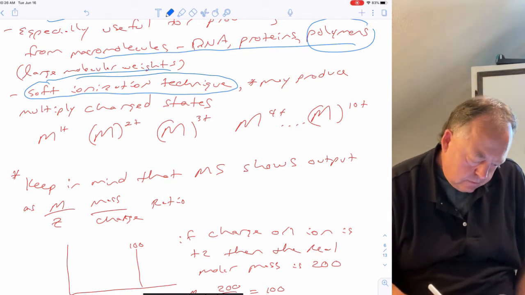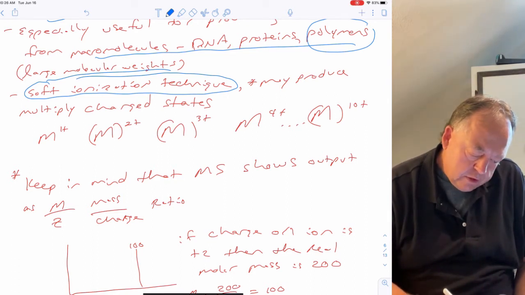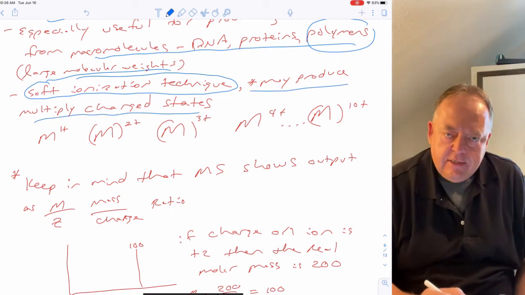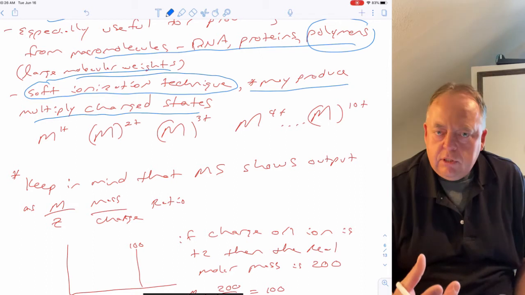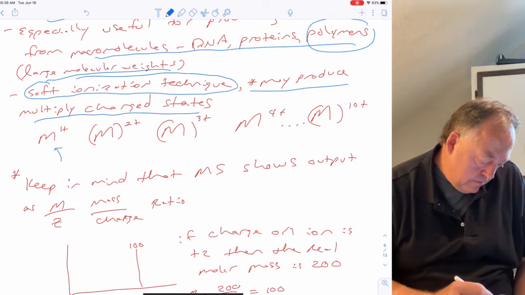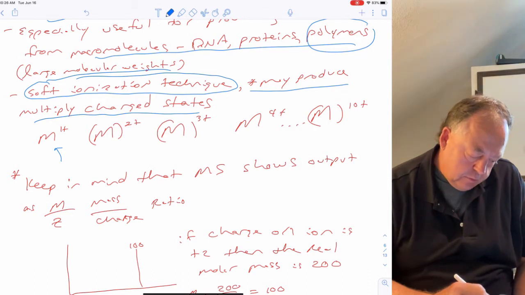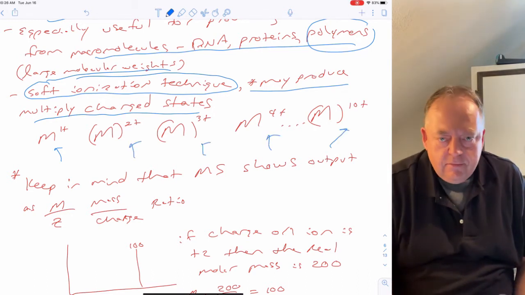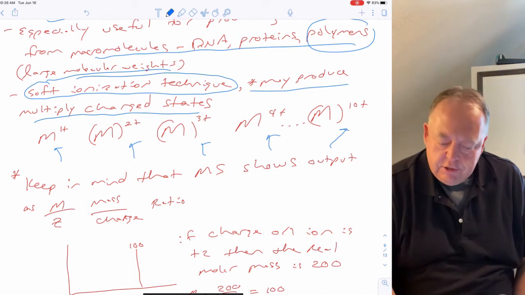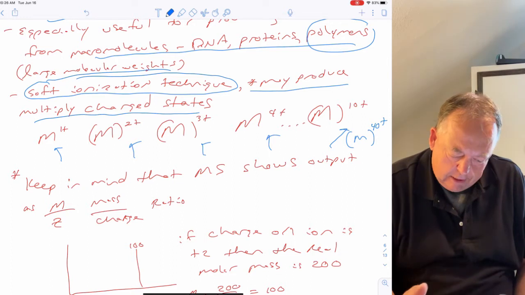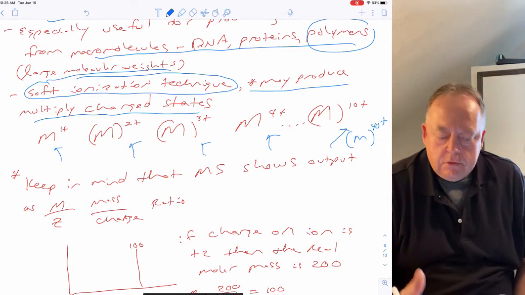And what's even more significant about ESI compared to the other ionization techniques is you can easily get multiple charge states. So you can get your molecule with a +1 charge, +2 charge, +3 charge, +4 charge, +10 charge, +40 charge. And we'll go through basically how that works.